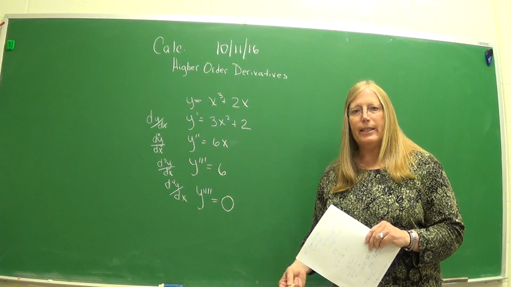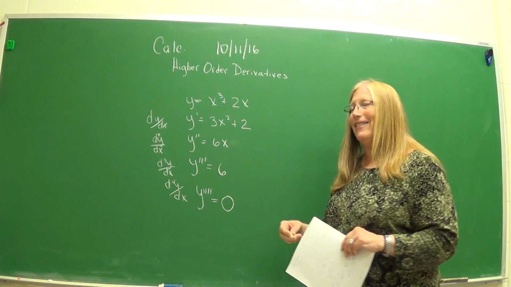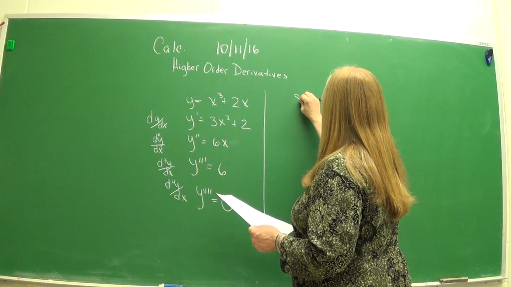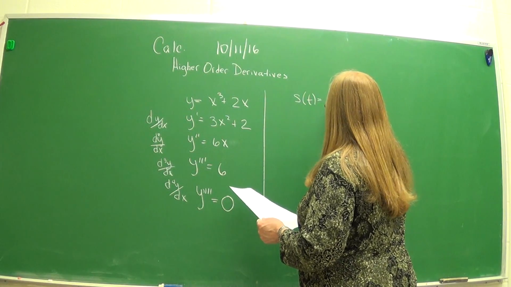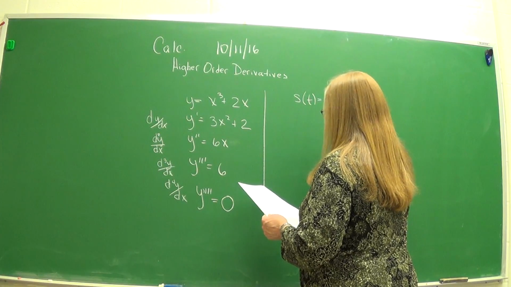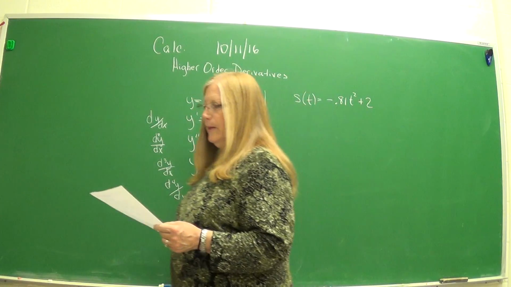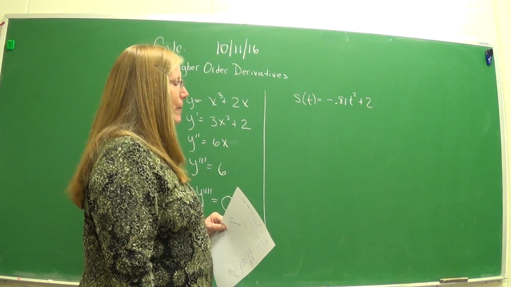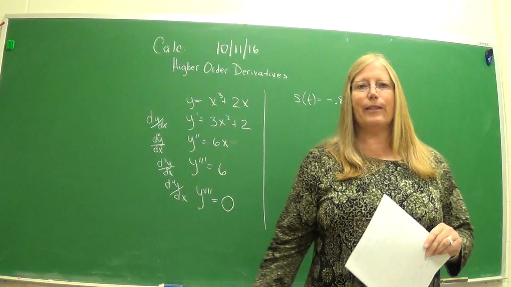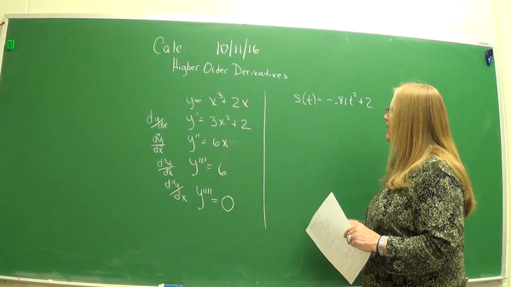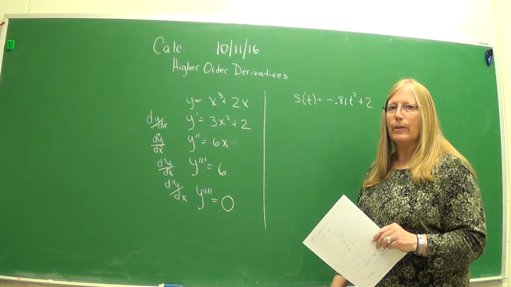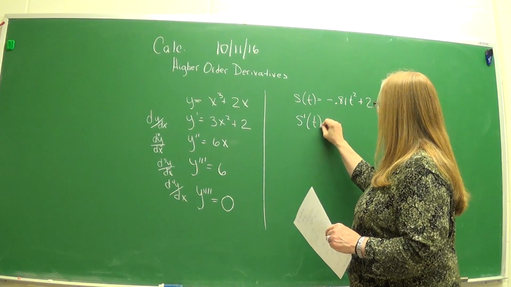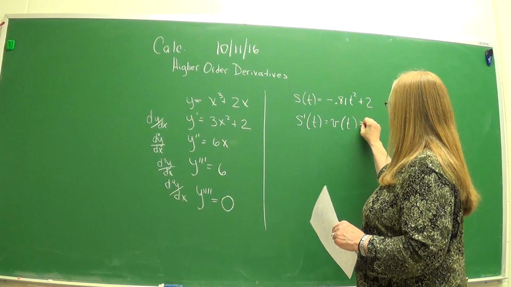So why would you want to take the derivative of a derivative? Well, there's plenty of times where that is practical. Let me show you one. Here's the position function of an object that is being tossed on the moon. It looks quadratic. The first derivative, we learned earlier, is velocity.